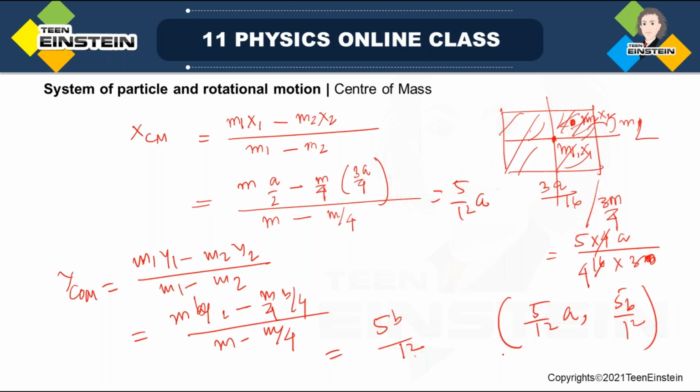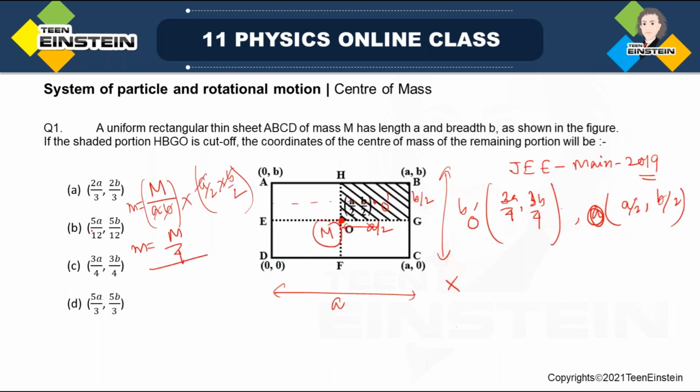Okay, so these are the coordinates now. You can just compare with the options. This is the correct option here: 5a by 12 and 5b by 12. One point is very evident in this case. We have to consider this kind of structure, like a rectangle.